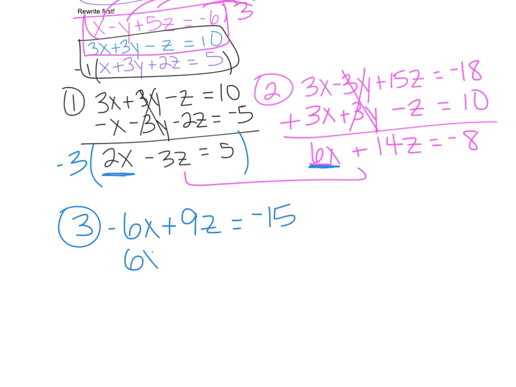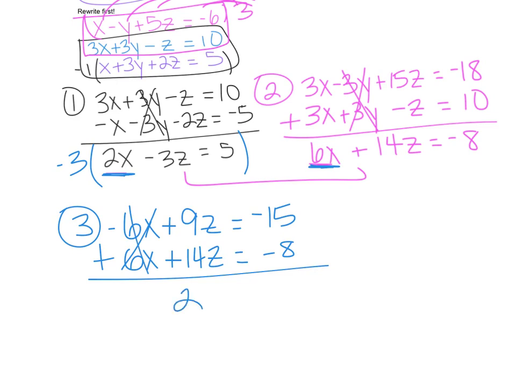And then I'm just bringing down that other equation. Notice the x's cancel. That would be 23z equals -15 minus 8, which would be a -23. So z will equal -1.